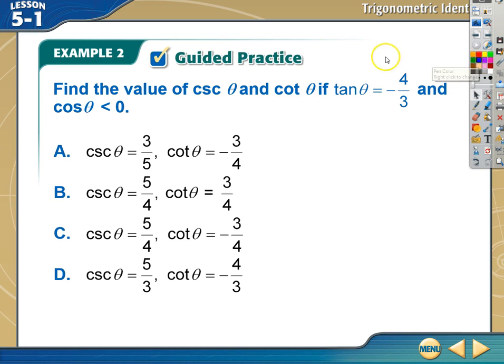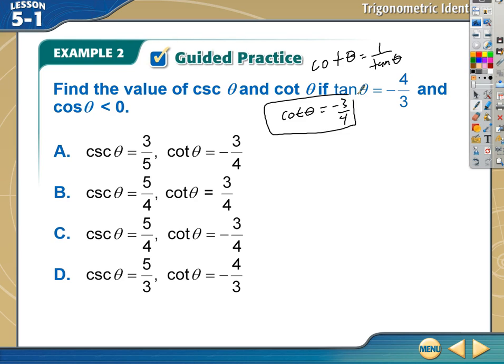So I should be able to look up there, and it says that cotangent of theta is equal to 1 over tangent of theta in those reciprocal identities. Oh, so what that means is that if I take the tangent, just flip it. Oh, okay. Well, so I'll flip it. So I know that cotangent of theta is equal to a negative 3/4. Done. Yay, that one's done.